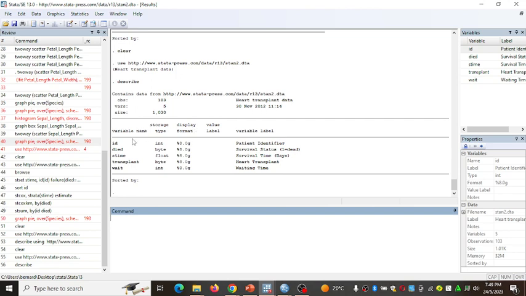So we have the ID. These are the variables that are present here. We have the ID, which is the patient identifier. We have died. This is the survival status.